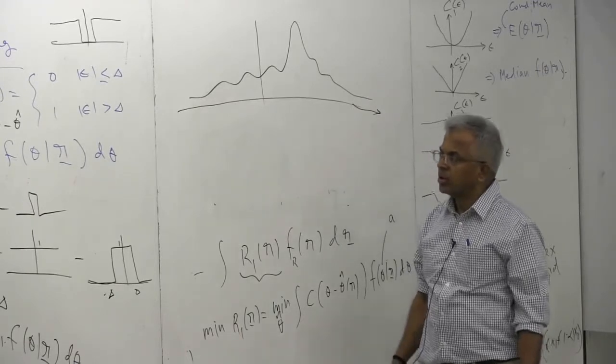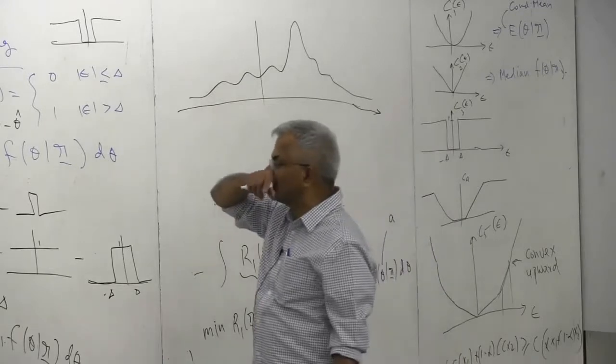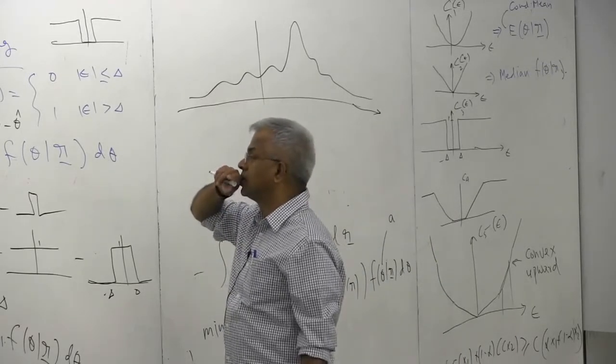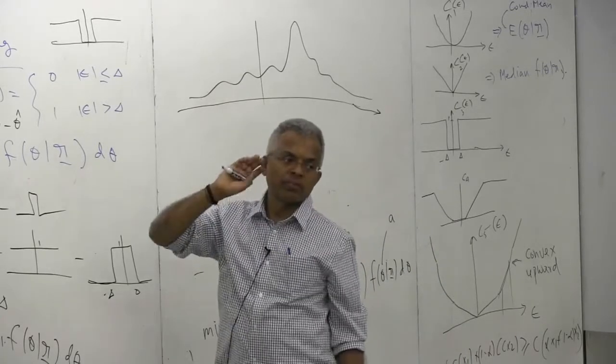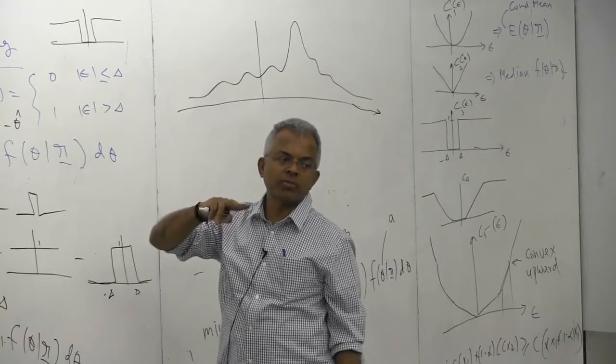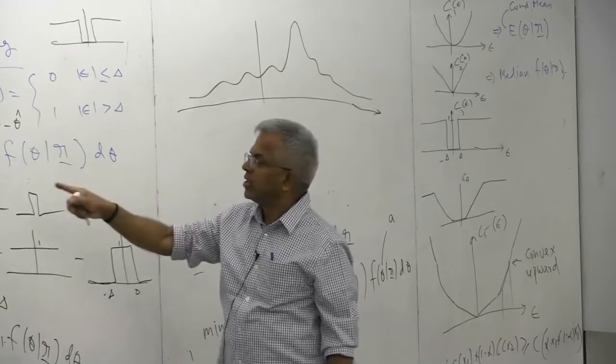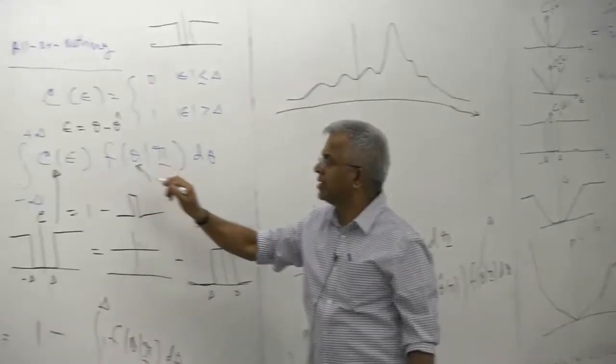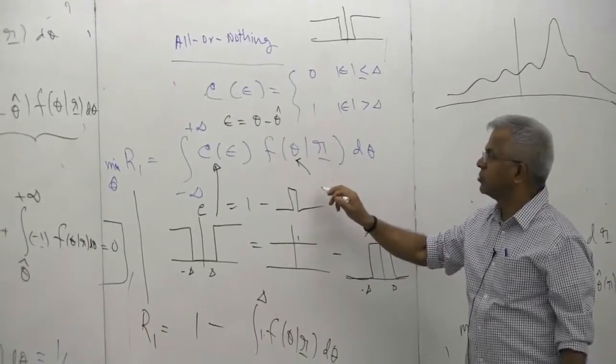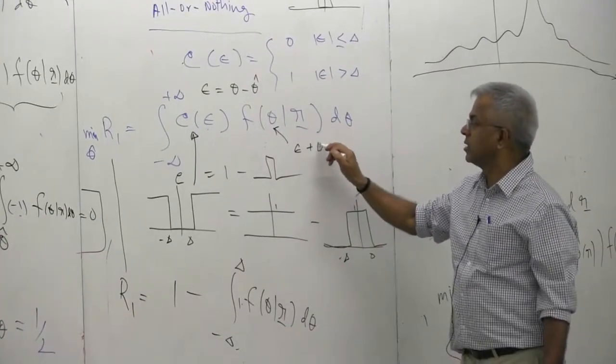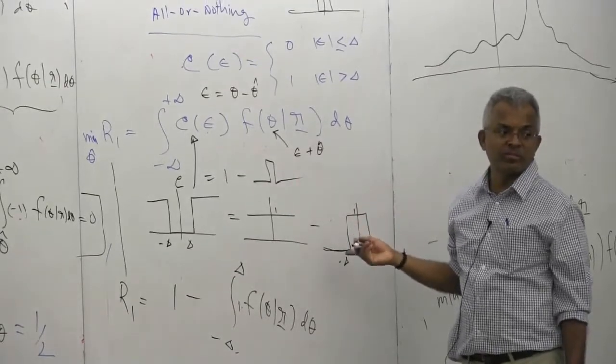All right, so hold on. If you look here, this theta is not a big deal. Theta is of course epsilon plus theta hat, right? So you can do a very simple transformation.